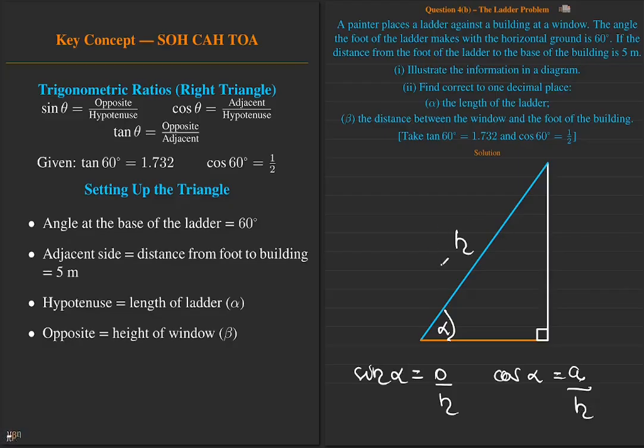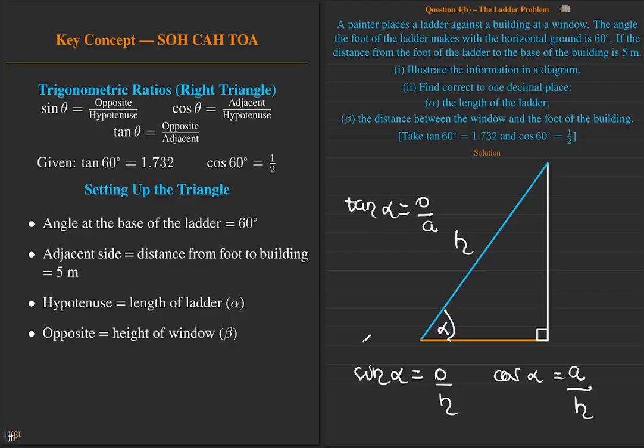And then the last trigonometric ratio is the tangent. So the tangent of alpha is what? TOA, that is the opposite over the adjacent. So with all of this, we'll be able to solve our question.